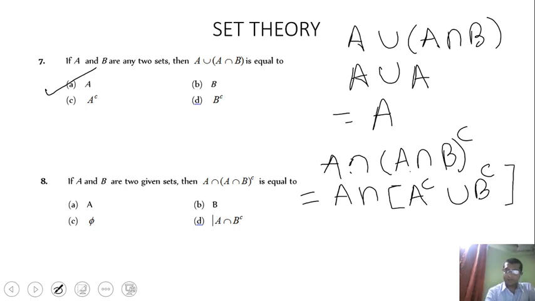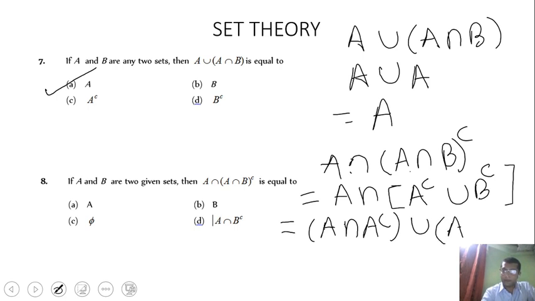So further this can be written as A intersection A complement union A intersection B complement. That is, we have written the distribution of intersection over union.